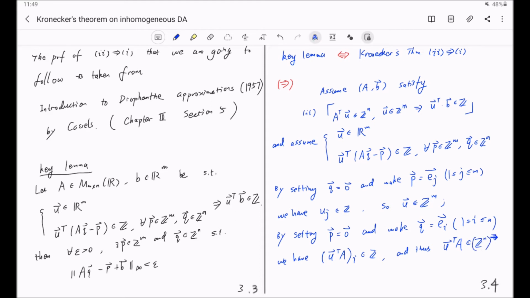I put a transpose here to emphasize this is a row vector. So equivalently, you can say A transpose u as a column vector is in Zn.